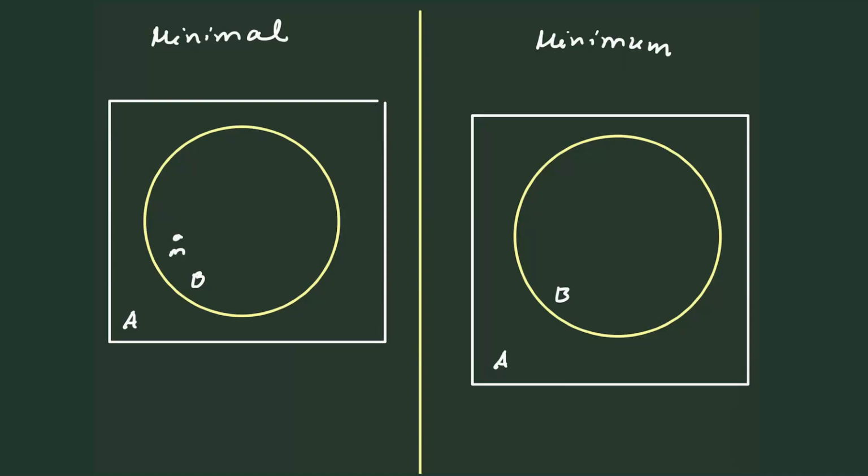So we have M1, then you have these elements here, M2, and you have this. Whereas for a minimum element, everything must be comparable. So it has to be smaller than all the elements of B.